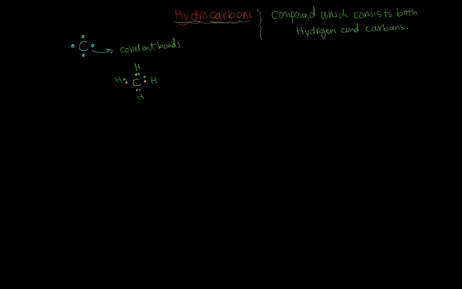So basically we can write this structure like this. Carbon in the center and 4 single covalent bonds with hydrogen atoms, and this compound we call methane.